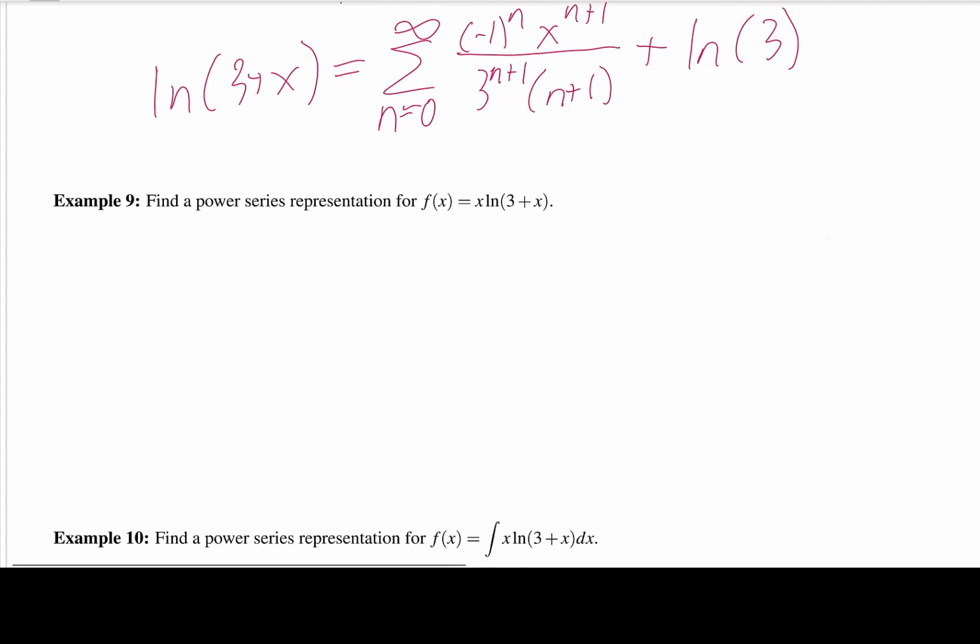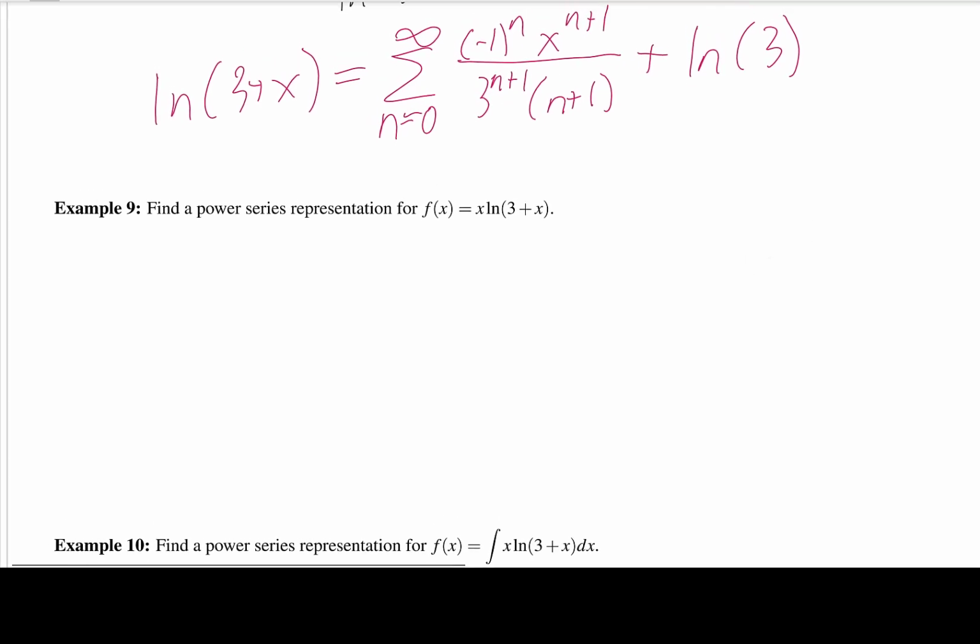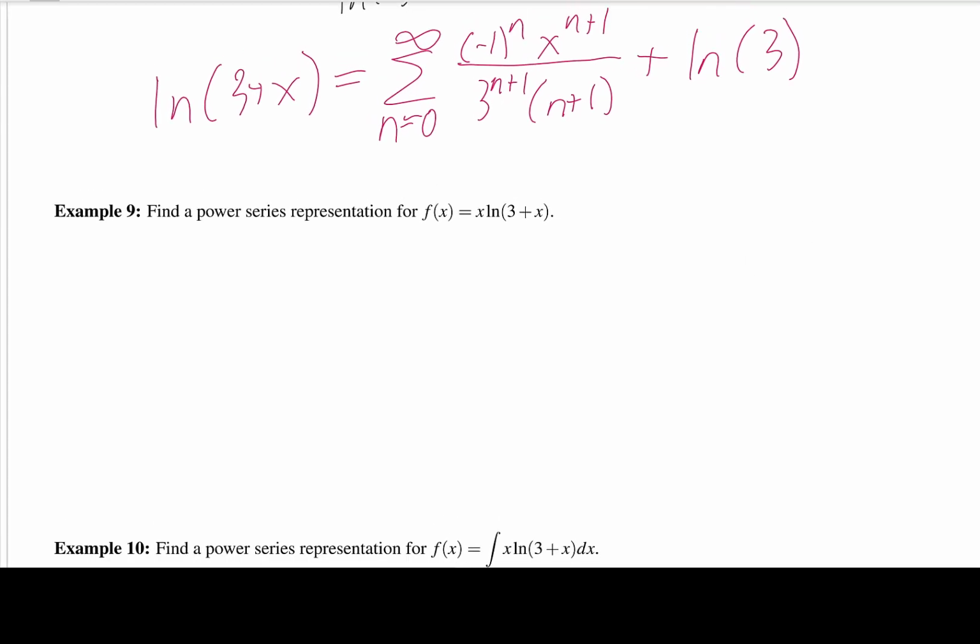Example 9 looks tough, but we can actually use the previous example to do this. And in fact, whenever we're looking at x times the natural log of a sum, what you want to do is start with just the natural log of the sum. Just work with that, right? Because notice that this part right here is what we did in the last problem.